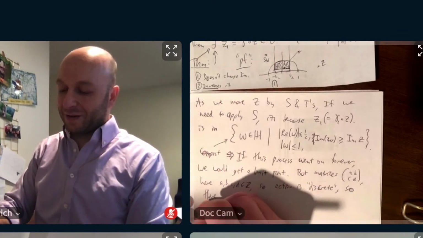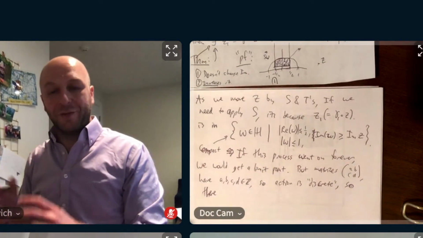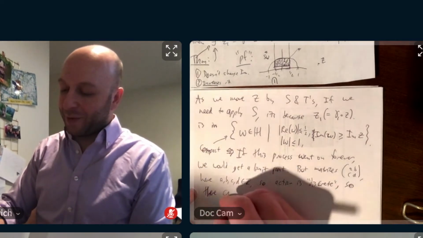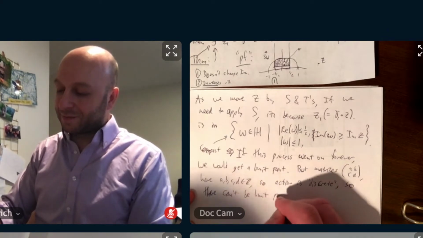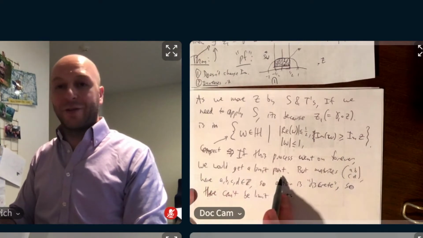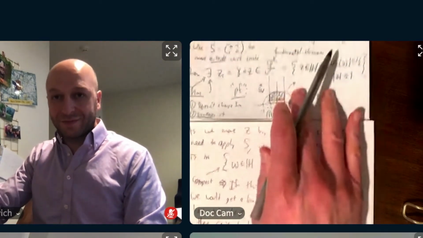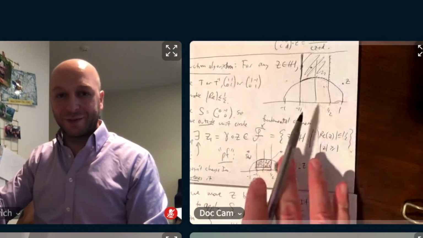You can make all of this precise. I'm just, in the interest of time, giving you the flavor of the ideas. So there can't be limit points. And if there can't be limit points, this process can't go on forever, and the process only halts when you wind up in the fundamental region.